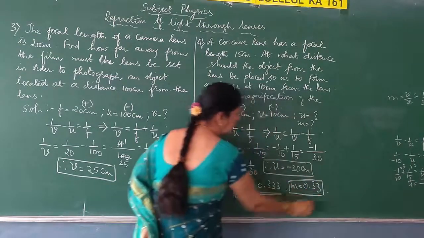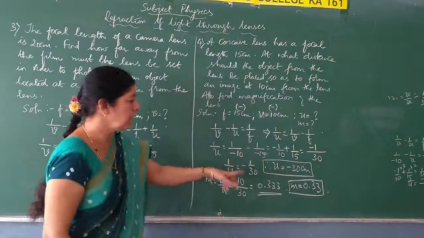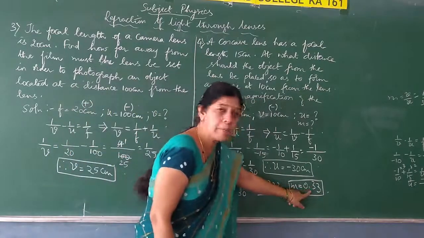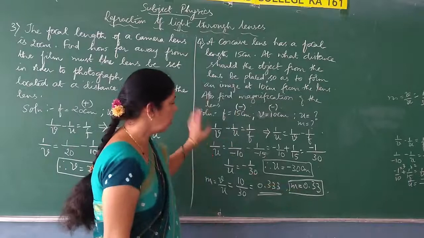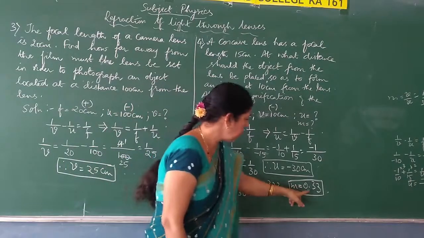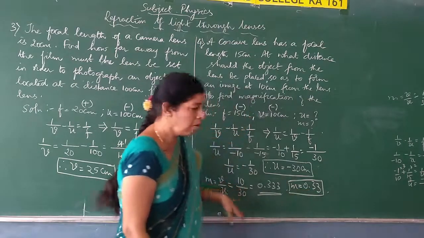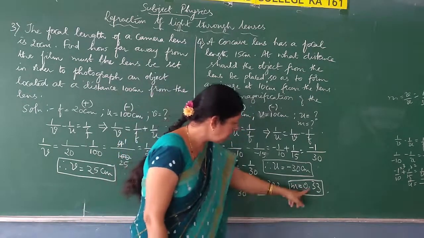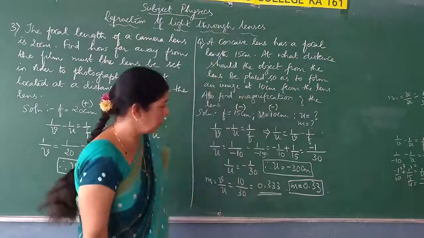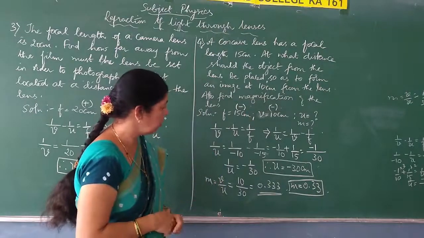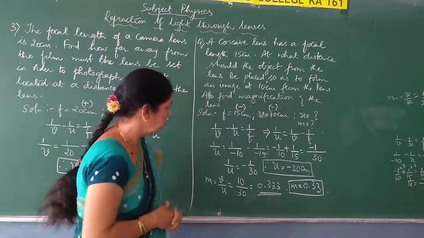So, we know that in case of concave lens, we get highly diminished images. Is it not? When compared to the object, the image will be almost 1/3 of the object only. Okay. These two problems you have to practice.